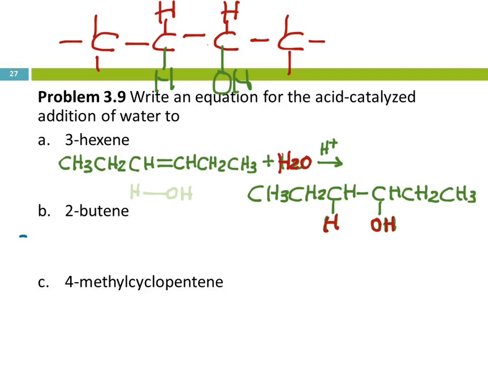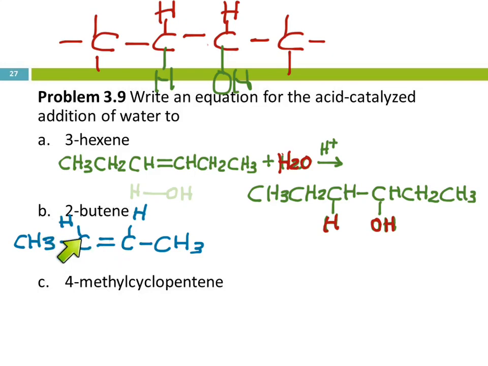Butene, 4 carbons, right? Double bond on the second carbon. 1, 2, 3, 4 carbons. I'll draw this one a little more stretched out. So here's our chain. This is carbon 1 and 2. There's our double bond.